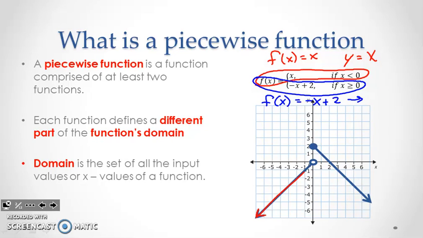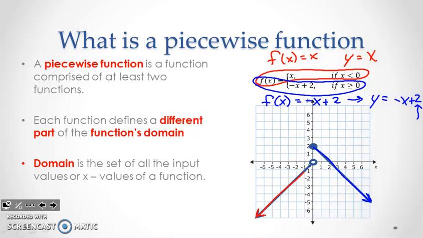So again, that's really just saying y equals negative x plus 2. So it's got a y-intercept at 2, slope of negative 1. So I'm going to go down 1 to the right 1, down 1 to the right 1, down 1 to the right 1. So this line is shown right here.